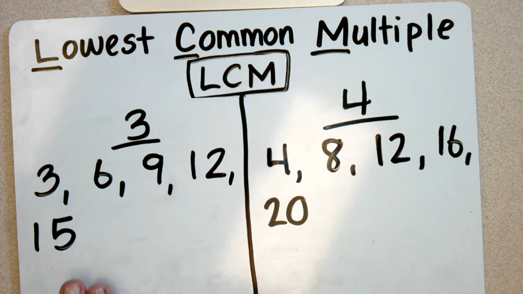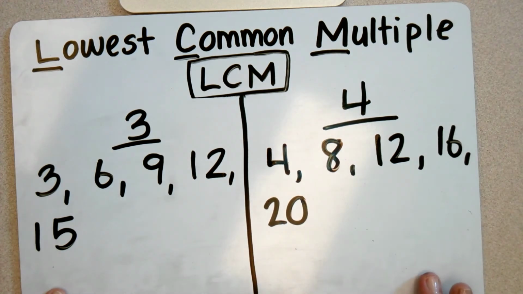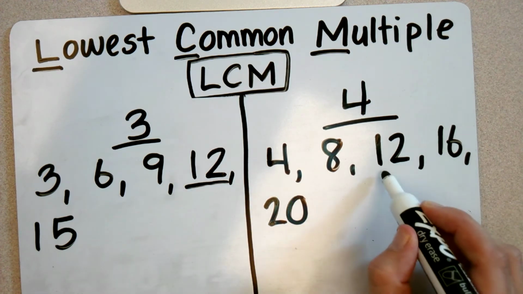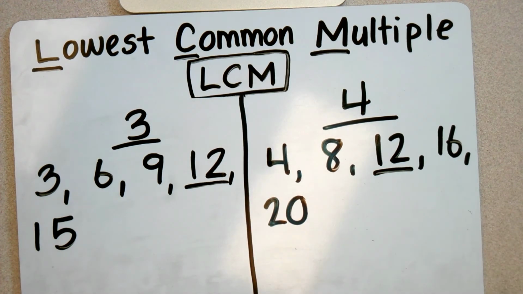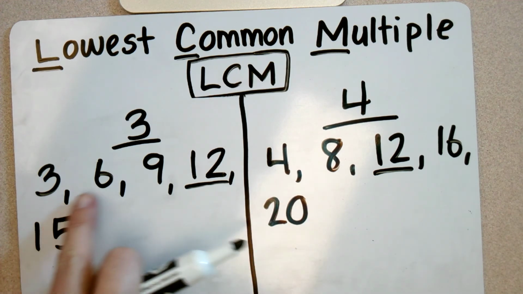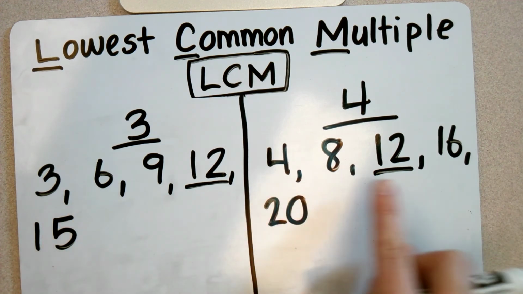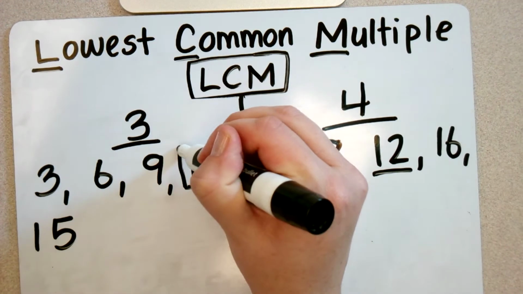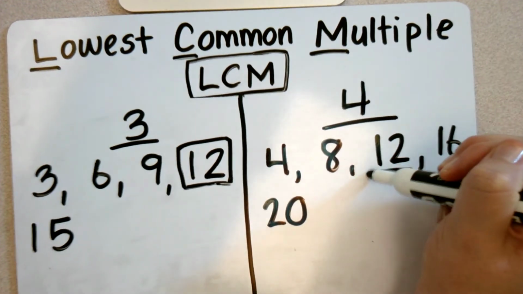Now what I want to do is compare my lists of numbers and see, do they have any in common? I can see that they have the number 12 in common. And since there are no other numbers that they have in common, that means that 12 is their LCM.